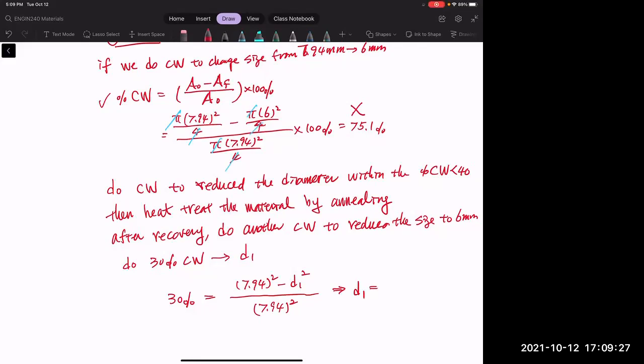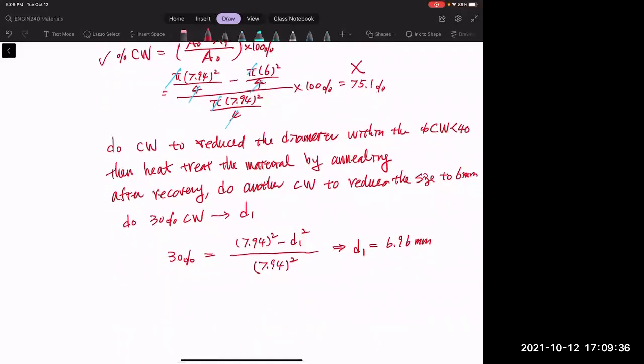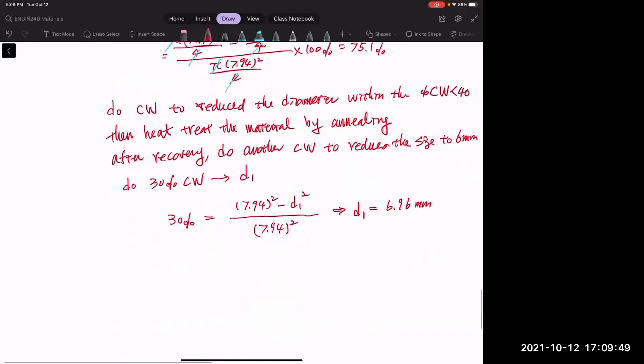So it turns out if you solve this, it's going to give you 6.96 millimeter. So you do the cold work to reduce the diameter from 7.94 to 6.96. Then you have to check.